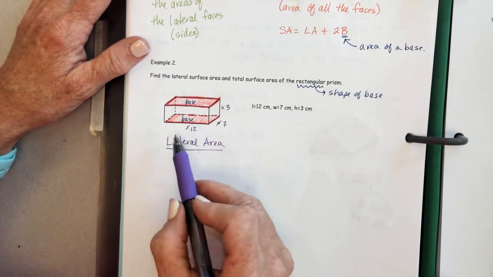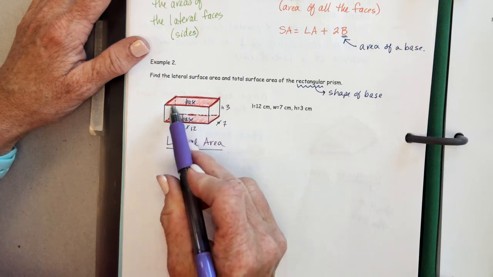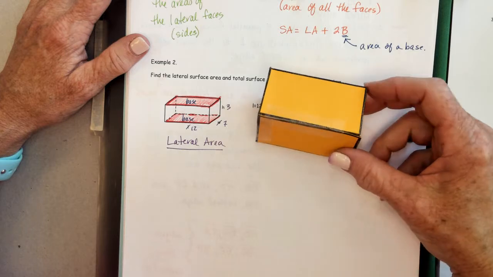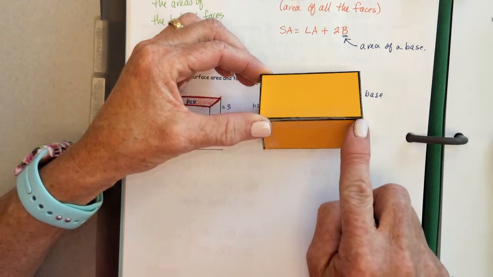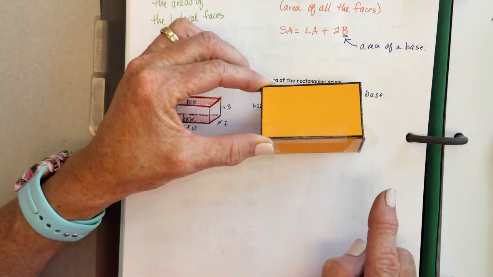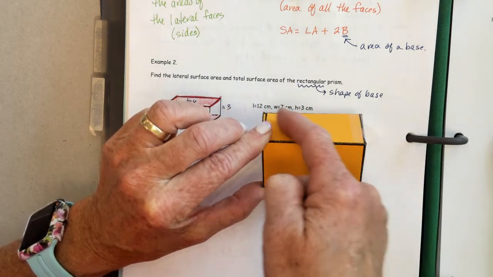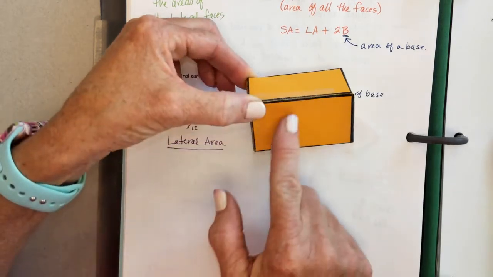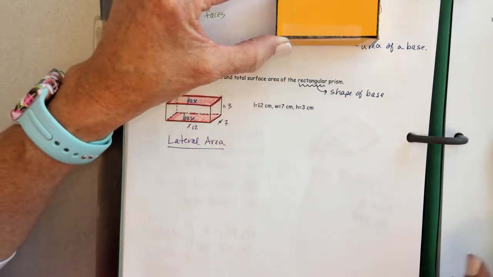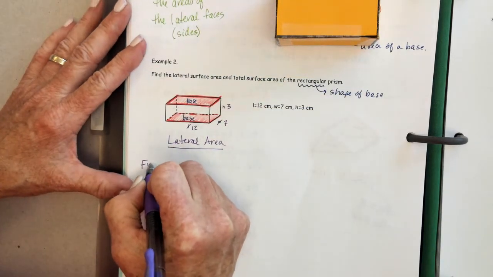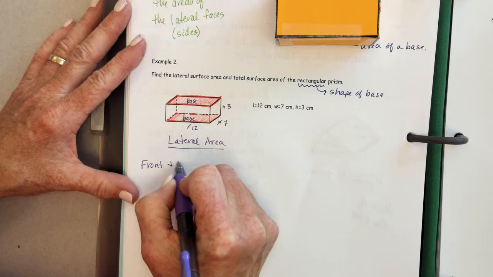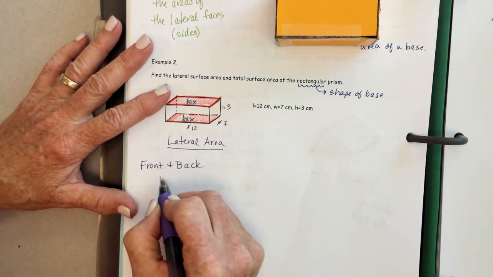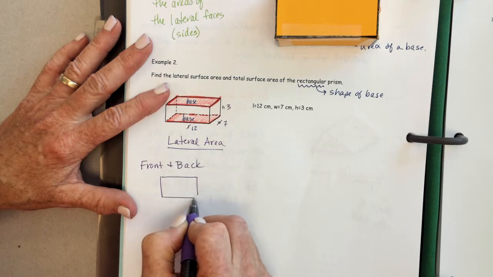And when you look at this, do you see that this front piece right here, that's exactly the same size as the back piece, yes? Front and back are exactly the same, and they are rectangles as well. So we can say that we have the front and back. And I like to draw these out so I can see them individually.